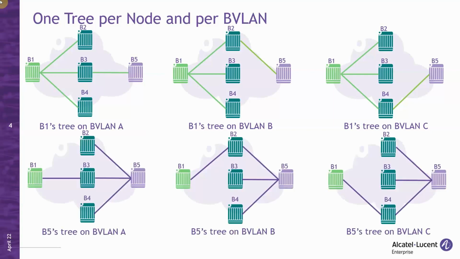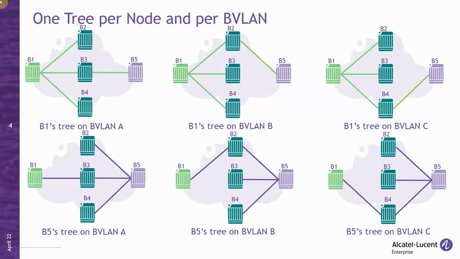Now, let's look at it from the perspective of B5, which also builds a tree with the shortest path between itself and every other node, and it does this for every backbone VLAN. You will notice that for the same backbone VLAN, the path from B1 to B5 is symmetrical to the path from B5 to B1.